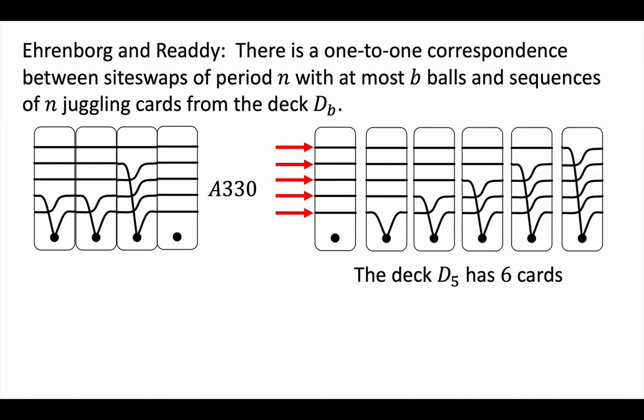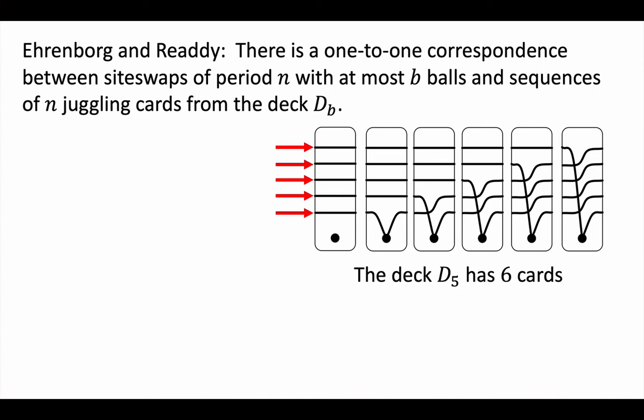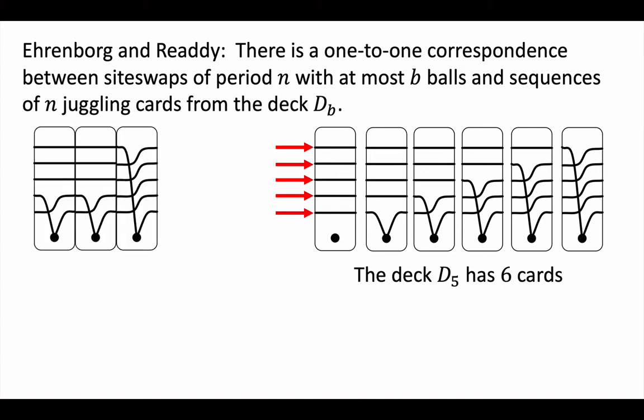Why is it not 5? Because we have this one path that moves all the way across those cards and never falls. On the other hand, if we take a different sequence of 4 cards, like this one, this is the siteswap E330. E represents a throw of height 14. This is a 5-ball siteswap because the average of 14, 3, 3, and 0 is 5.